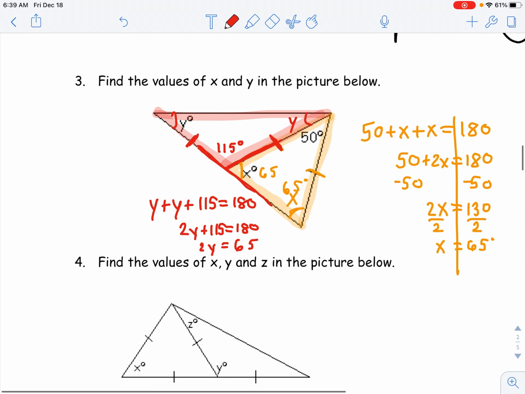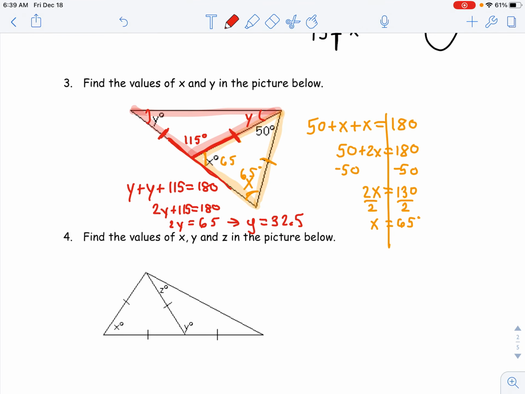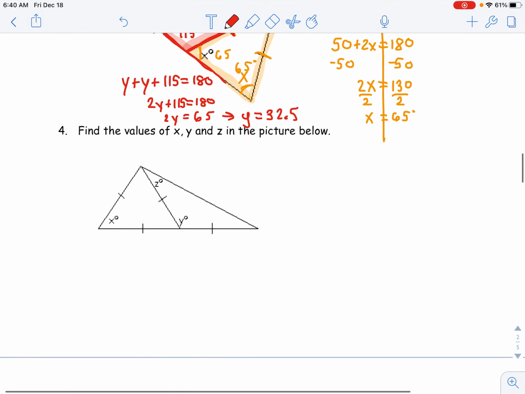I was having a little brain fart. 32.5. Okay, there we go. So x equals 65, y equals 32.5.